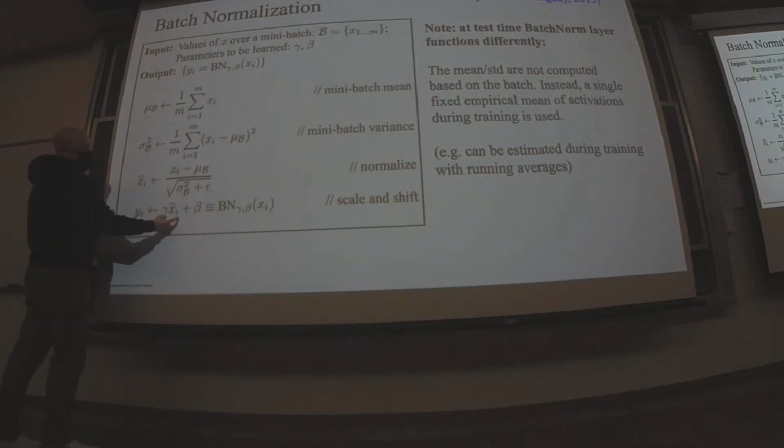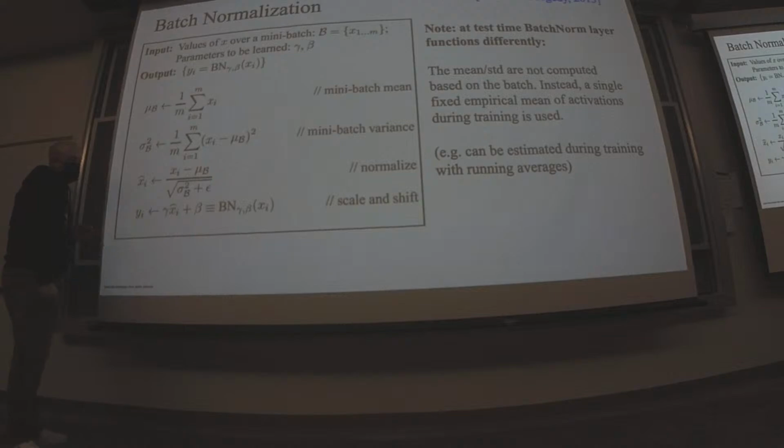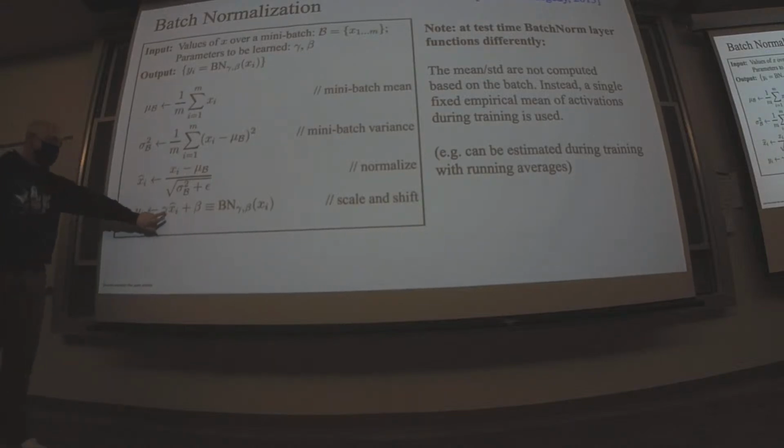And then you have these two parameters that allow you to learn a way of scaling that. So basically, if this was normal data in the end, it would be mean 0, standard deviation of 1. Now this would be mean beta, standard deviation of sigma, gamma. So, anyways, that's what it is.